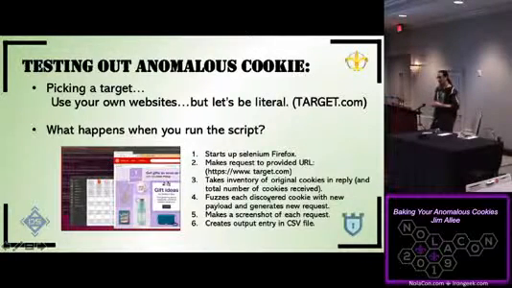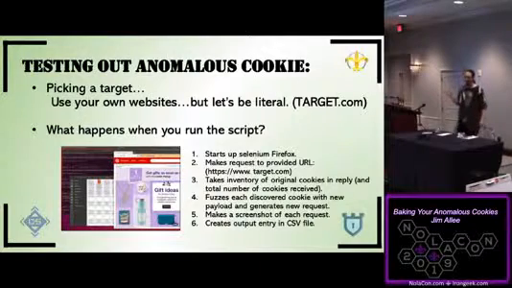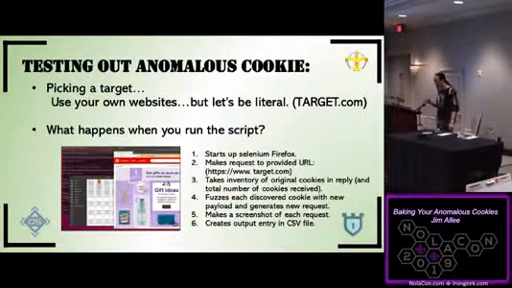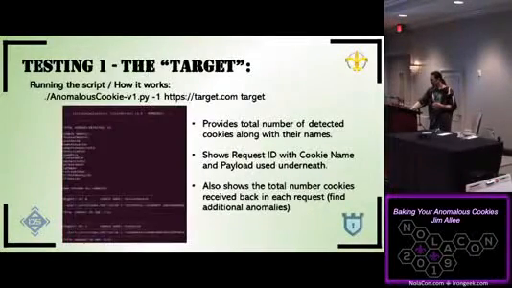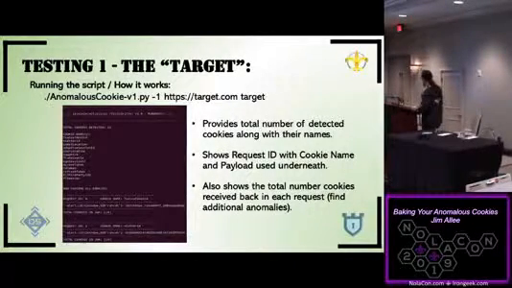All right, let's test it out. So let's pick a target. When you are doing this type of work, always use your own website. But we're going to use target.com. It sets everything up for the next request with the fuzz payloads, and then it starts going from there. So the actual command to run Anomalous Cookie is right there.